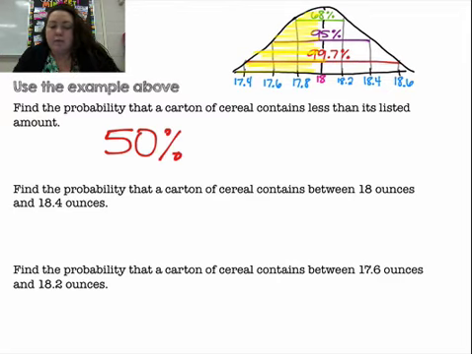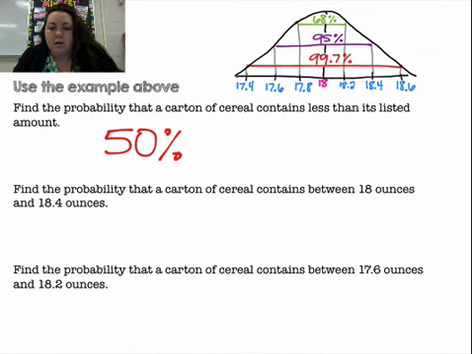Alright, the next one. Find the probability that a carton of cereal contains between 18 ounces and 18.4 ounces. If I take my model, and I'm going from 18 to 18.4, that's the section highlighted in yellow, so that's from the mean to 2 standard deviations above the mean. Well, that would be the 95%, but it's only half of that 95%.